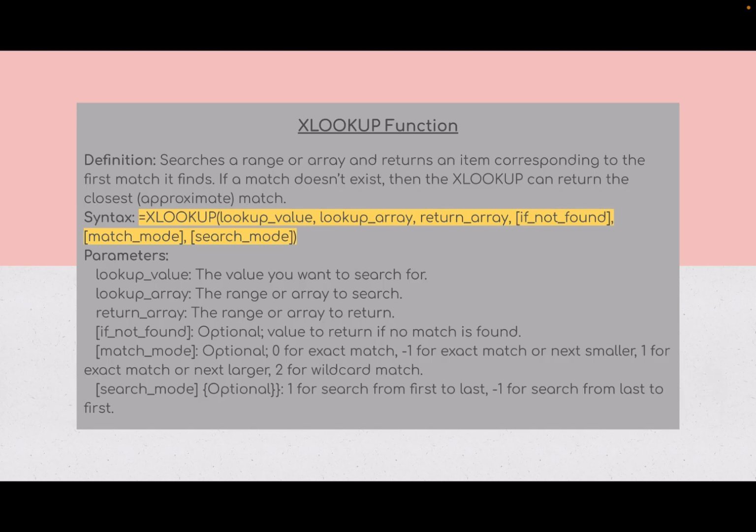So the syntax is equal to XLOOKUP, then the lookup value, then the lookup array, then the return array, and then there are optional parameters, that is if not found, match mode, and search mode. Go ahead, pause it, read what the parameters are about, and play with it in Excel.